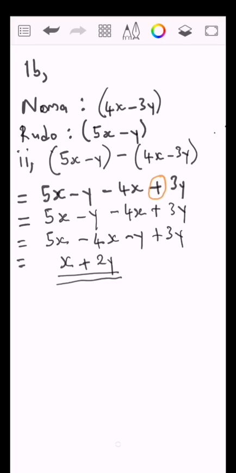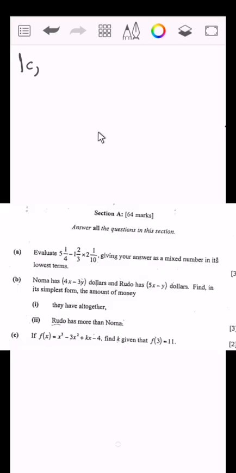Let us go over to 1c. 1c iri kuti if the function of x is equal to x cubed minus 3x squared plus kx minus 4, find k given that the function of 3 is equal to 11.